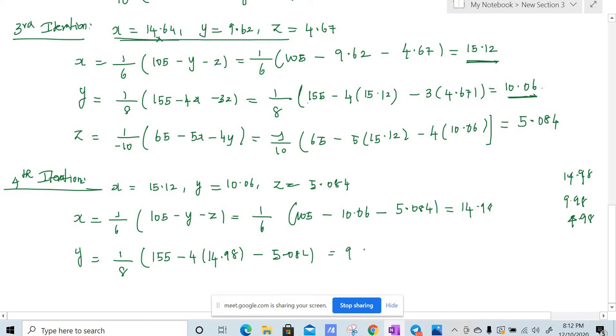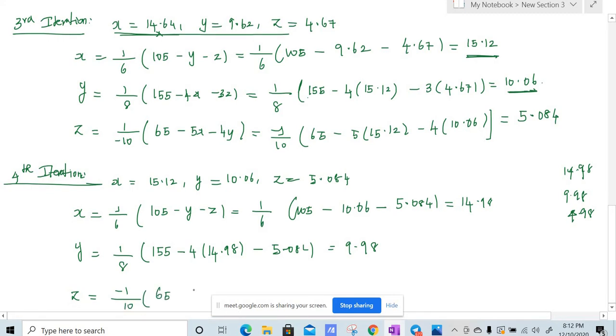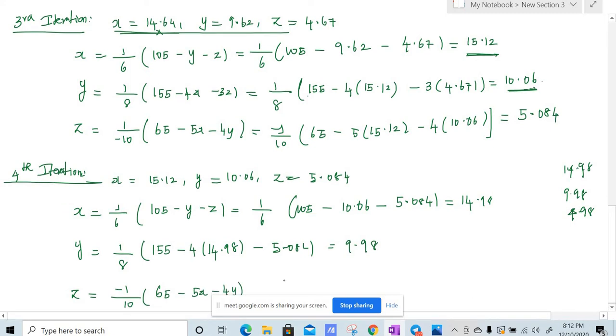So this will be 9.98, and z will be minus 1 by 10, 65 minus 5x minus 4y. So this will be minus 1 by 10, 65 minus the updated value for x, 14.98, minus 4 times the updated value for y, which is 4.98.